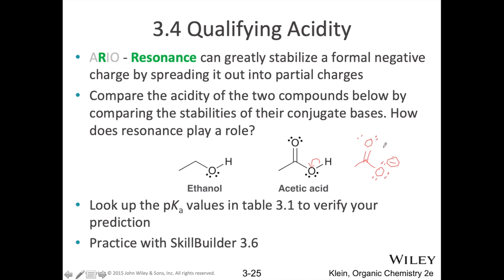Well, we can now shift that negative charge through resonance. This lone pair can form a double bond here, and this double bond's electrons can shift to this oxygen here, and so we get a resulting resonance structure that looks like this.